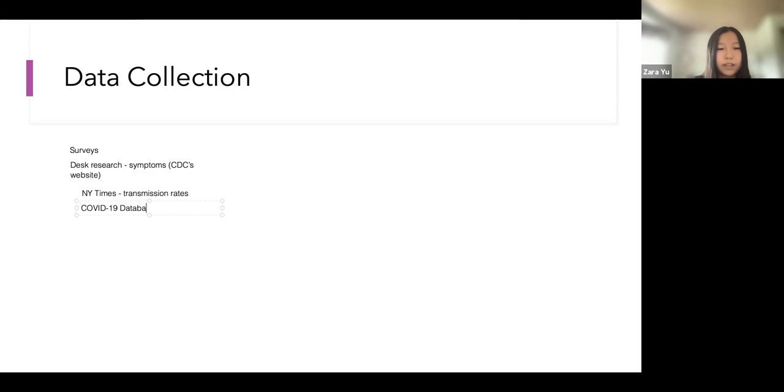So you can look at COVID-19 databases and you'll definitely find some. Another thing you can do is look up other people's research papers on COVID-19. If they did some sort of analysis like this, you can see which databases they collected from, or even see their own data collection, because a lot of official papers list what data they used. So these are just some things you can do.